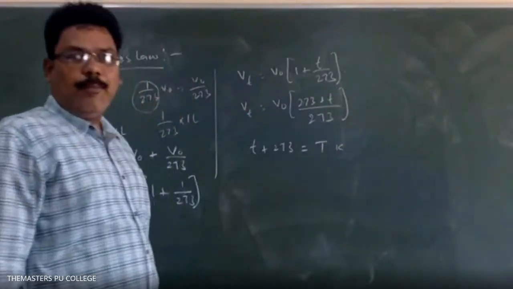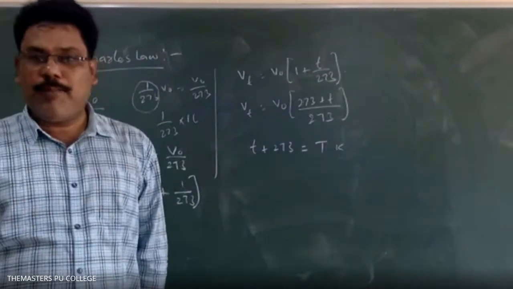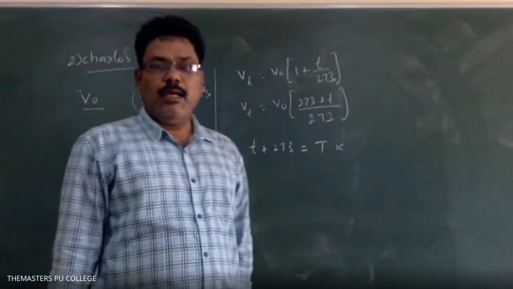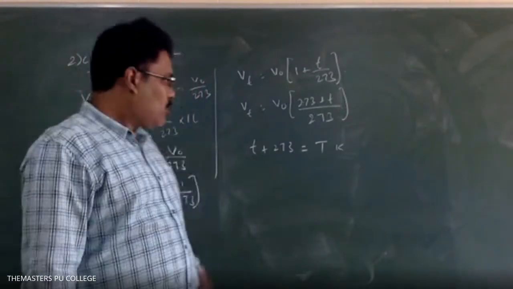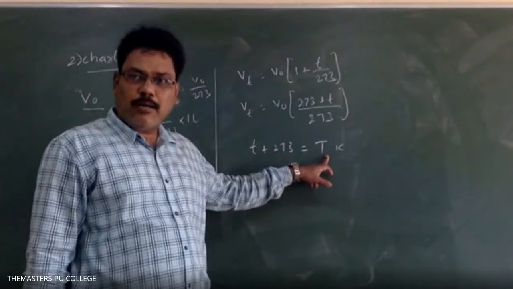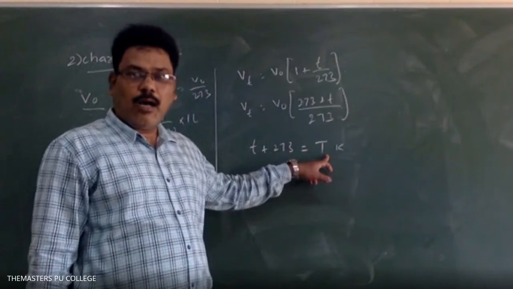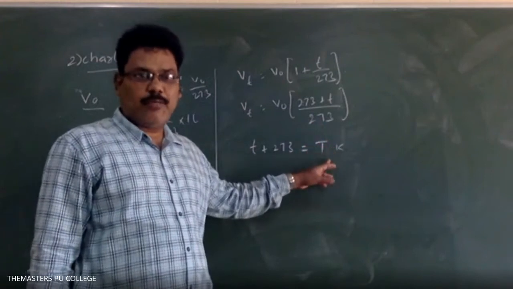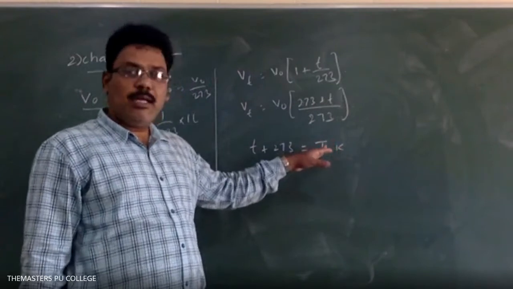The new temperature scale we can introduce here, that is absolute temperature or Kelvin temperature, which is also known as thermodynamic scale temperature. So what is the T here? Absolute temperature or Kelvin temperature, which is also known as thermodynamic scale temperature.